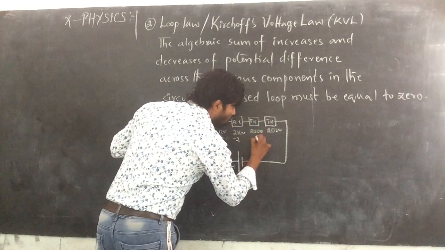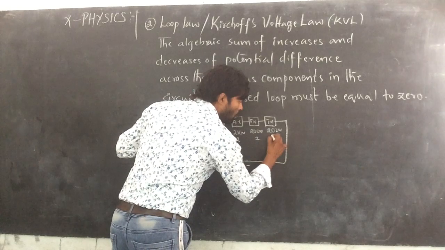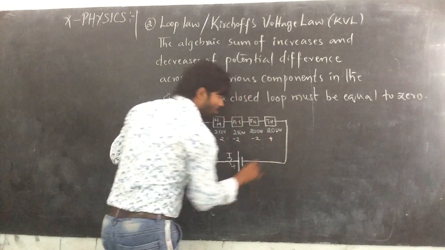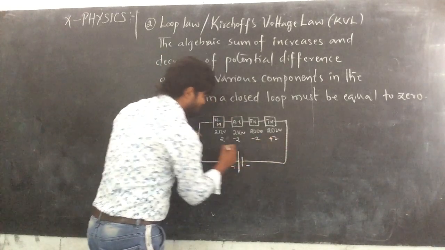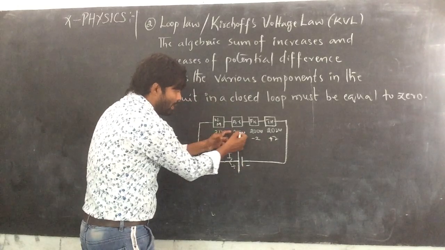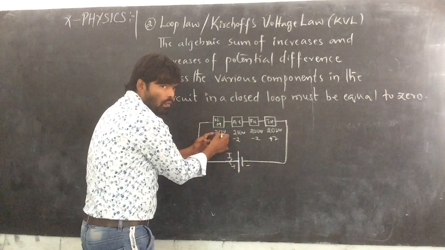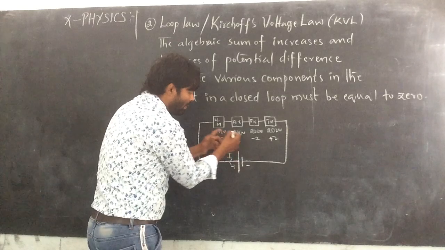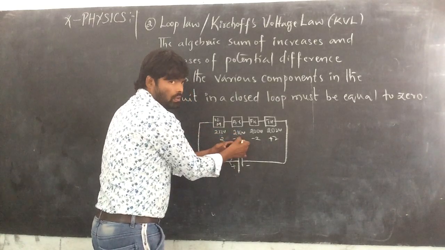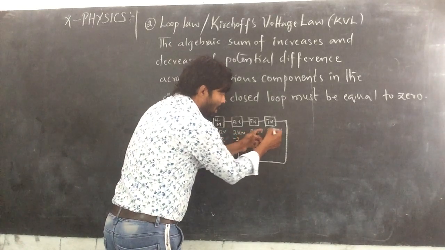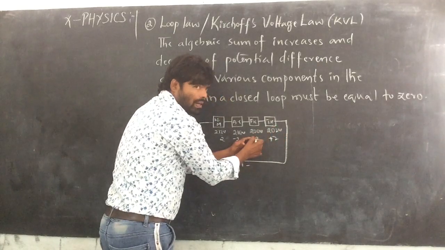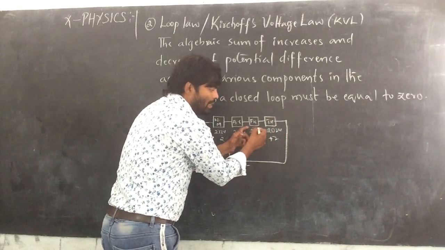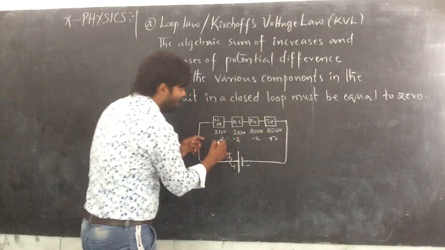Here 2 volts less and 2 volts more. When compared with this, it is 2 volts more; when compared with this, 2 volts less; when compared with this, 2 volts less; when compared with this, 2 volts more.